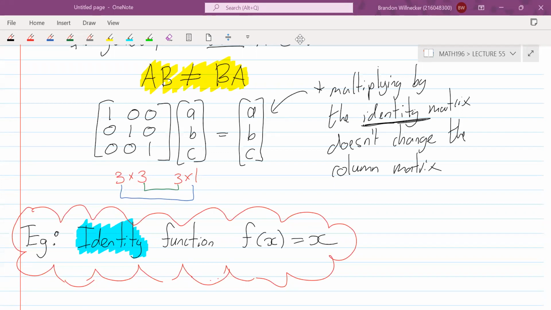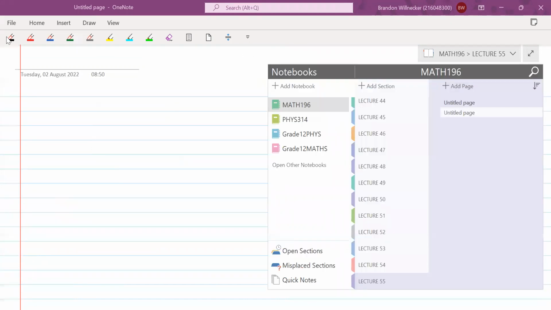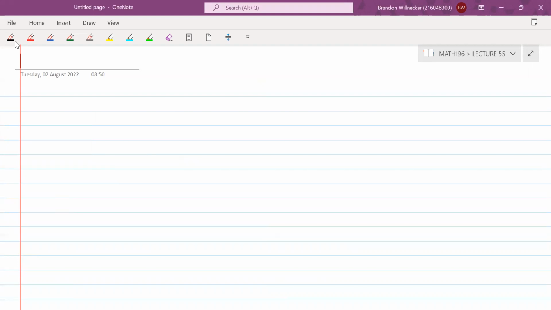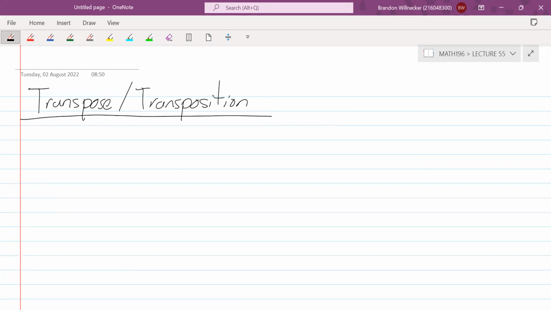Okay, let's have a look at some functions of matrices. Okay, so the first function is called transpose, transposition. Transpose or transposition.